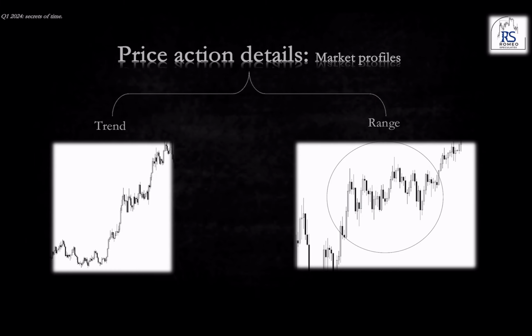Market profiles, an important topic. The market makers, they don't move price in vertical lines, right? That's not wise. It's not possible, first of all, due to the amounts traded. And it's not the way the markets move, because if they did move that way, then you'd all make money.